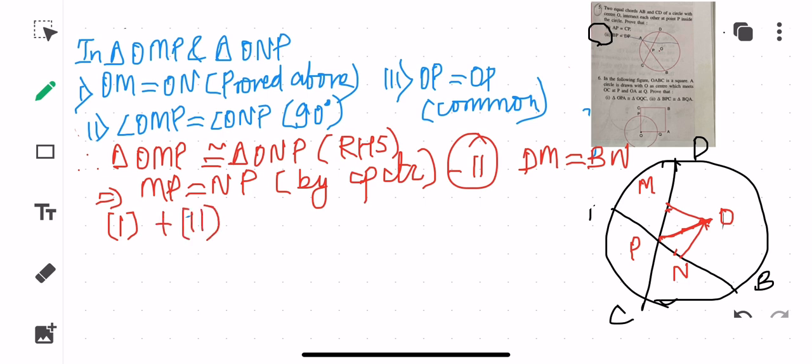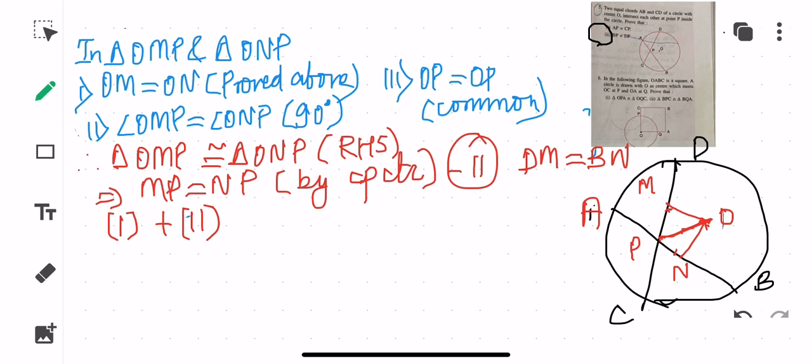Okay, what you will be getting, children, MP plus DM. Okay, so is this going to help us, children? We will just be looking into it. MP plus DM will be giving me DP, but that is not what we have to prove. We need to prove what? AP. Okay, so we will be looking into this, children, that what else is there.